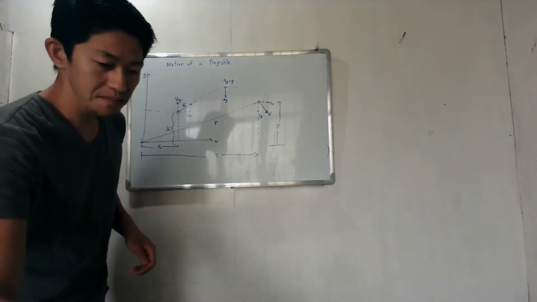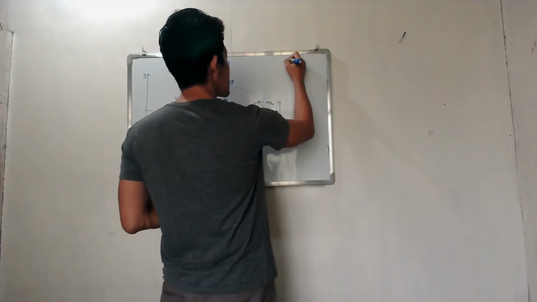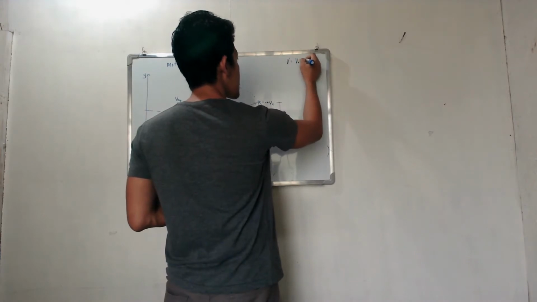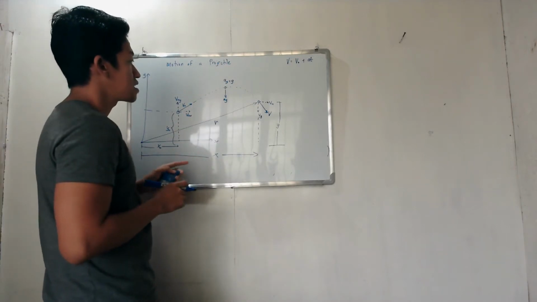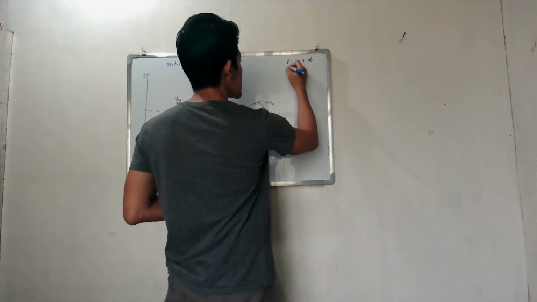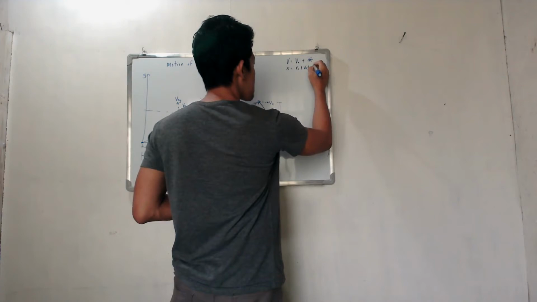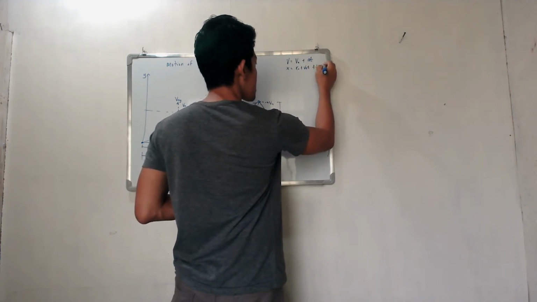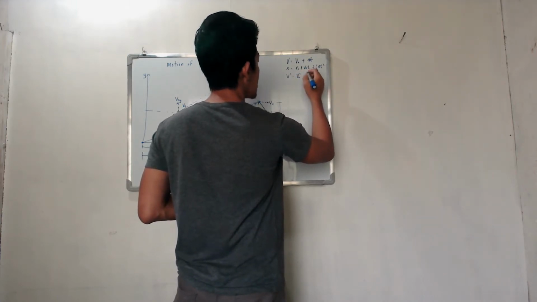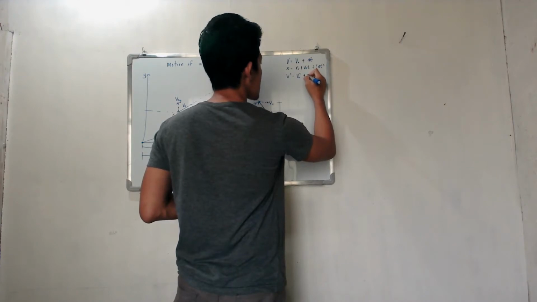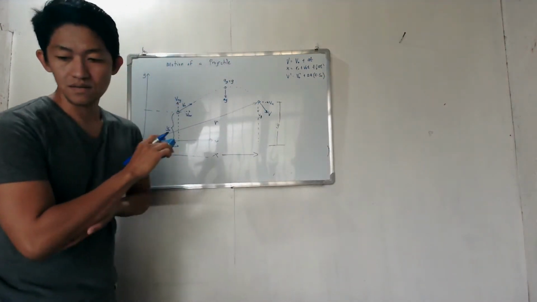So your kinematic equations would be: V final is V initial plus at, and since your acceleration along y is constant, x sub o plus V o t plus 1 half a t squared.